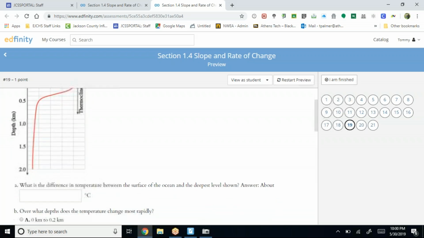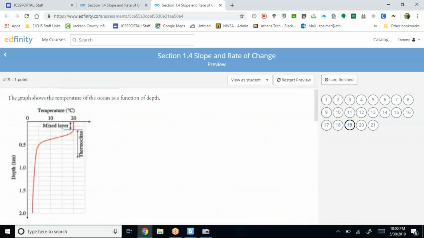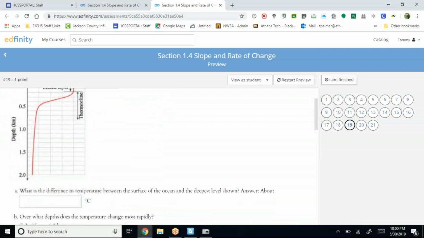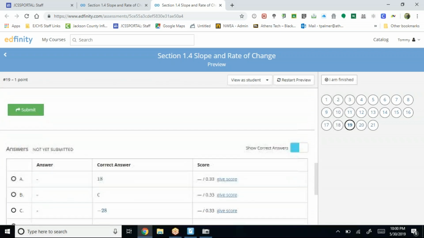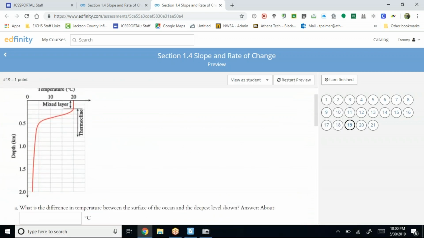I'm not sure. We should be able to just pull, okay, over what depth does temperature change more rapidly? Yeah, I'm not sure about that first one. I have to look at that. They're saying 18. How are they getting 18?